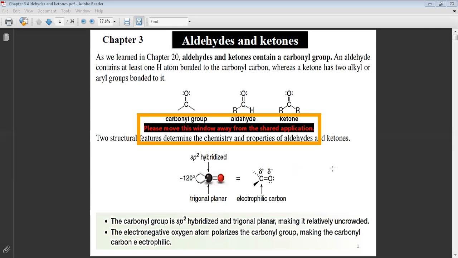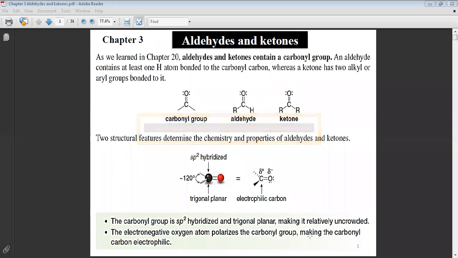If we have a nucleophile here, the nucleophile will attack this carbon, because it is partially positive.